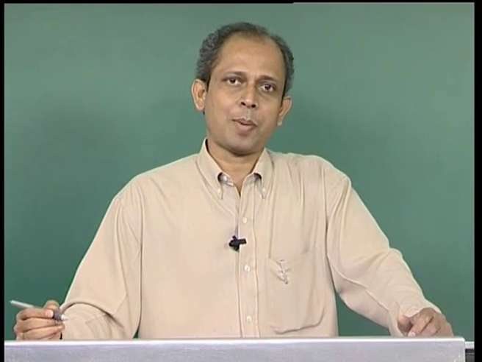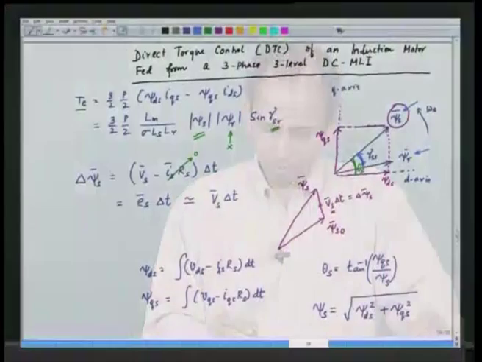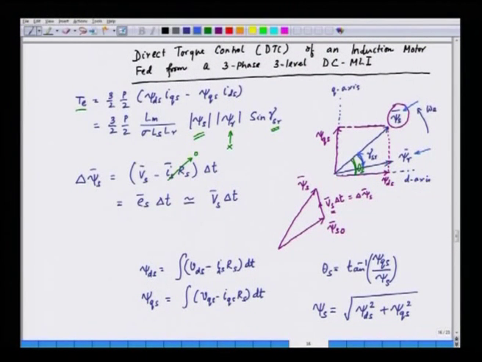So, when we apply a voltage vector, the flux will change as per this equation. The change in the flux psi s, which is a vector, if we ignore the resistance drop, is the applied voltage vector Vs minus Is into Rs, into delta t, where delta t is the time interval.